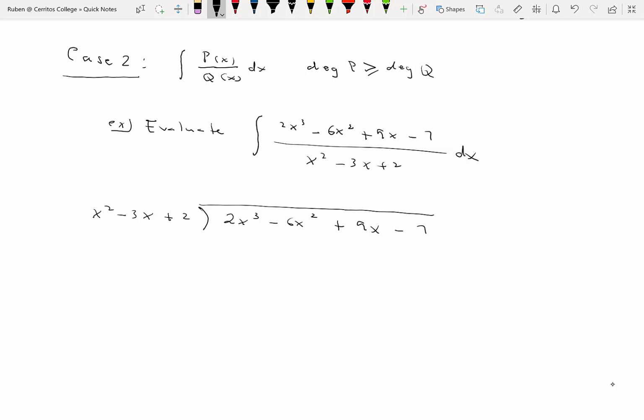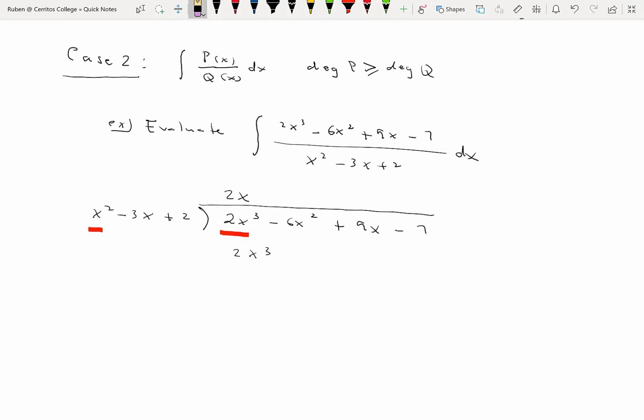The first thing we do is we try to divide x squared into 2x cubed. X squared times what is 2x cubed? Well, x squared times 2x is in fact 2x cubed. So that's the first step.